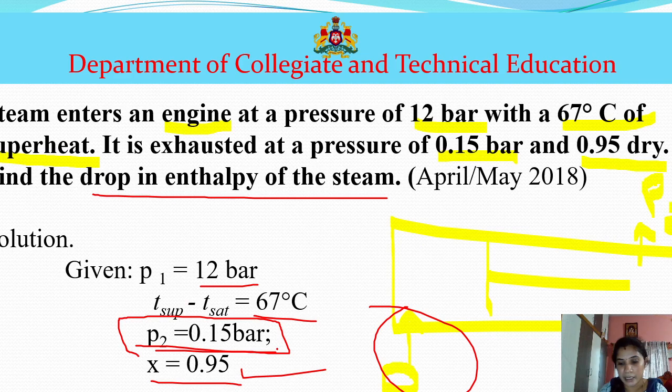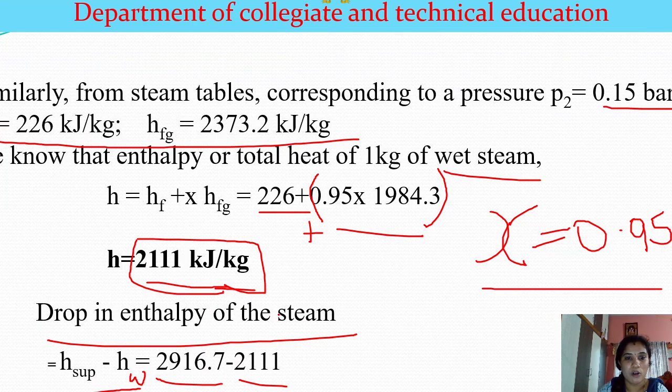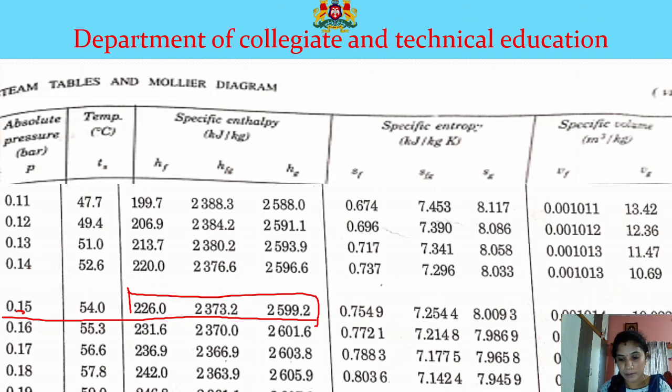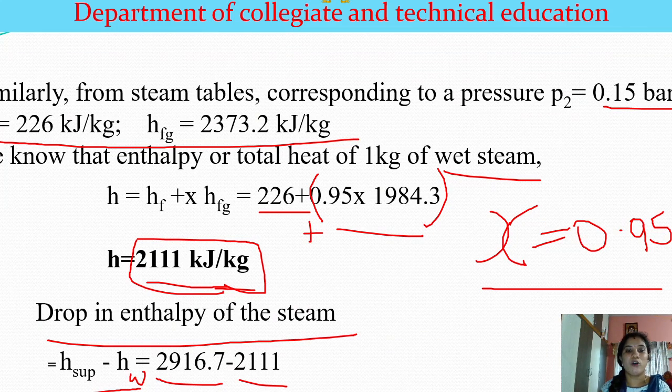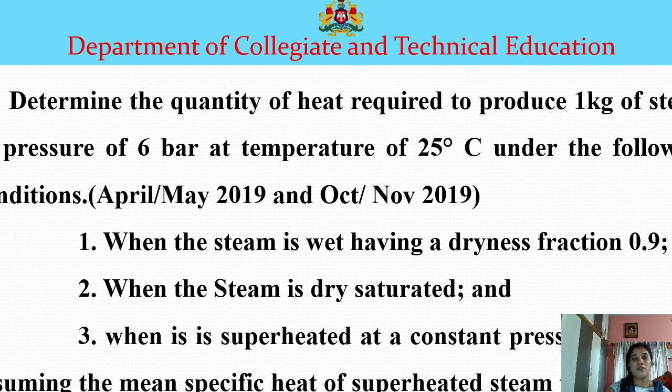For that problem, the answer we got is 805.7 kilojoules per kg. This was the answer we got. So let us move on to the next thing.